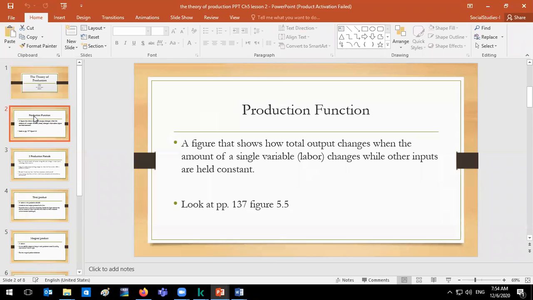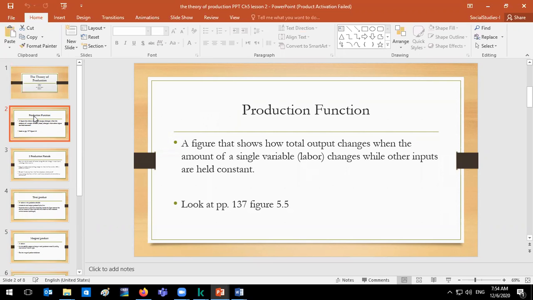First of all, the production function basically compares the total output. Total output is basically production. How many units of output does a worker produce when labor changes?